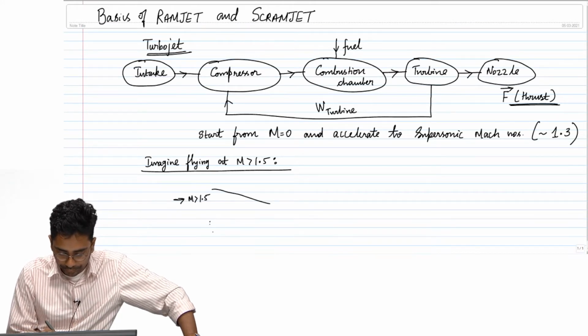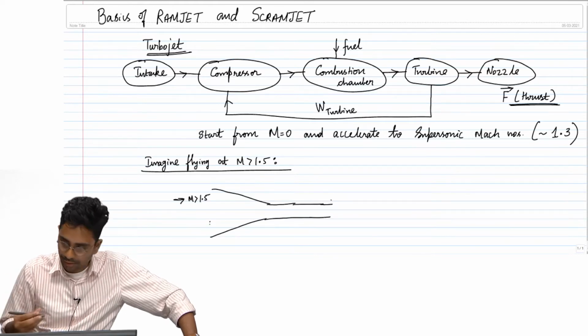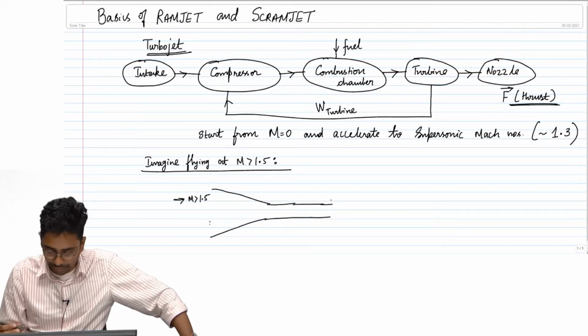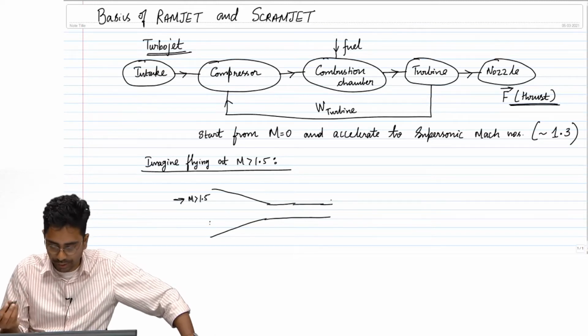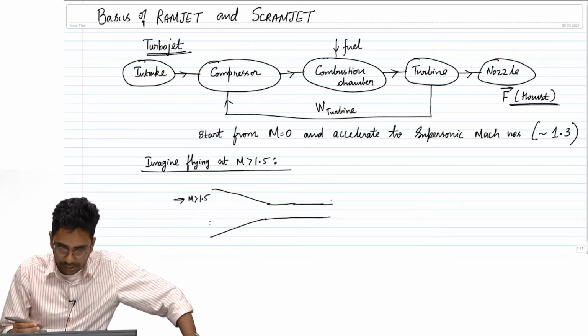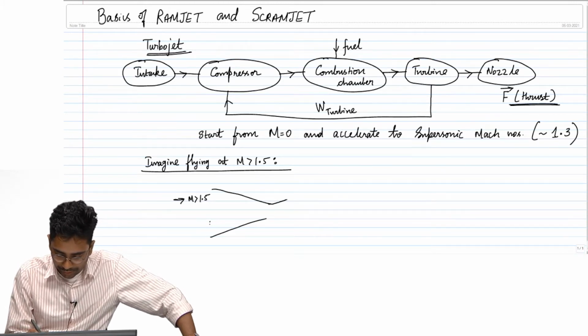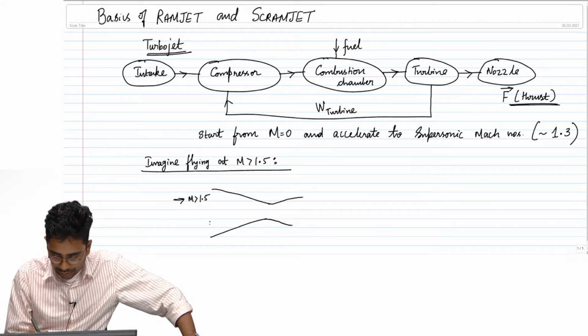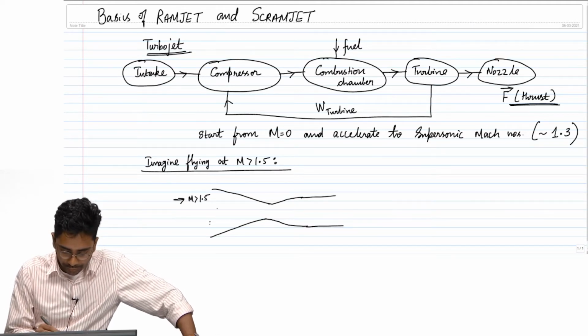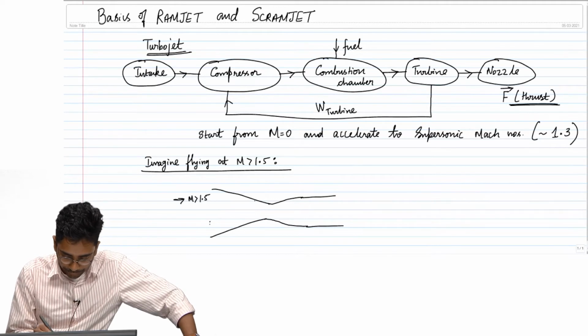So you decelerate it to some Mach number, and you also need to slightly expand so that you go to subsonic Mach numbers, maybe something like this. Now this is the diffuser till this point.